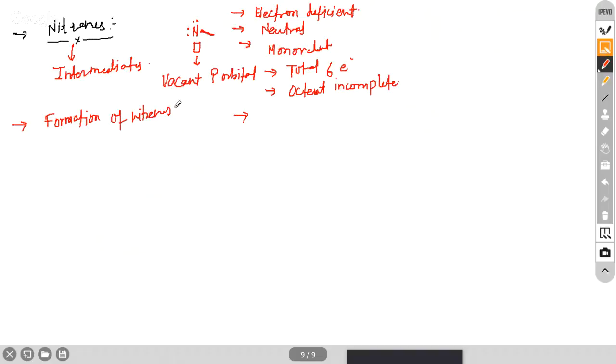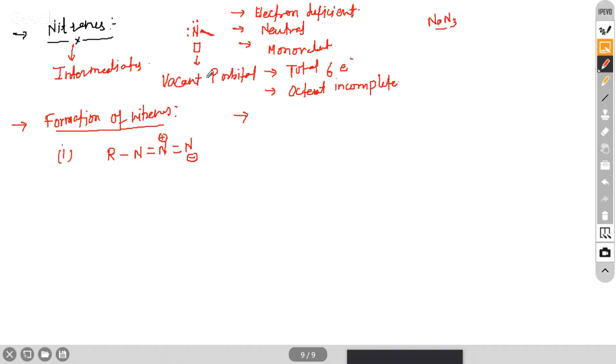Formation of nitrenes is possible in various cases. Whenever we have this kind of molecule, write down R N double bond N double bond N, where here we have the positive charge and here we have the negative charge. It is an azide kind of compound, an alkyl azide. NaN3 is sodium azide.